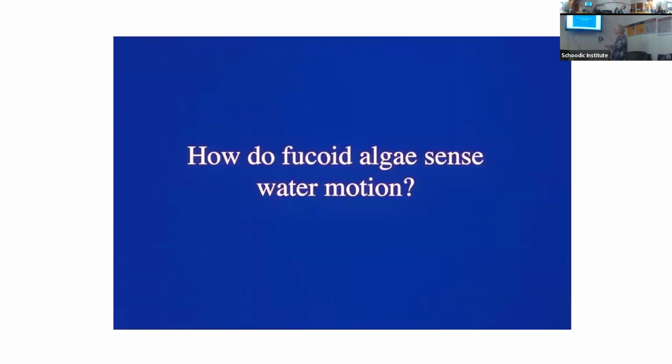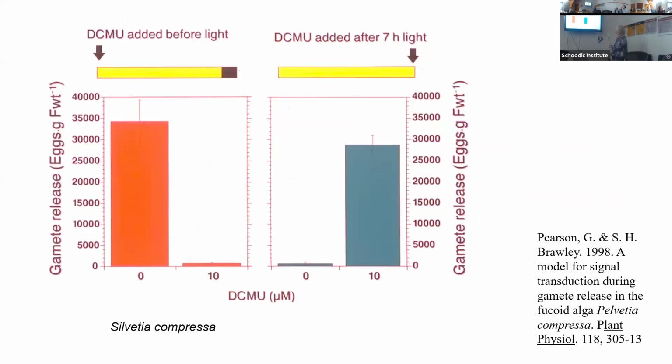So how do we avoid algae sensing water motion? We did this with a different alga from the Pacific coast that I worked with because it's a very good lab system. Basically, if you put the receptacles in seawater in the lab for 4 hours or more and then turn off the lights, gametes rain out. So again, there's a photosynthetic potentiation of gamete release.